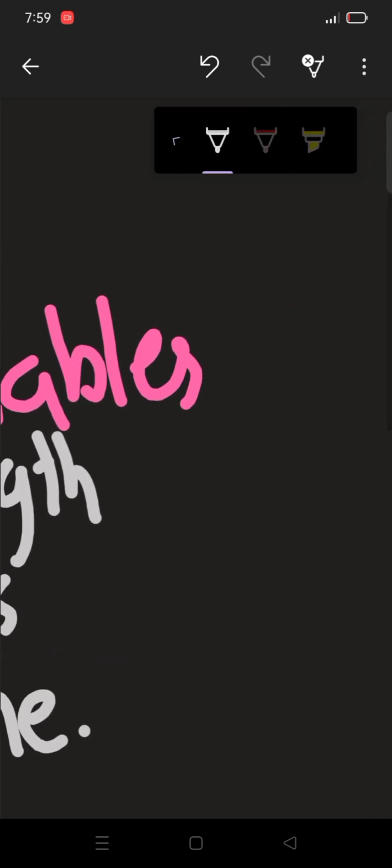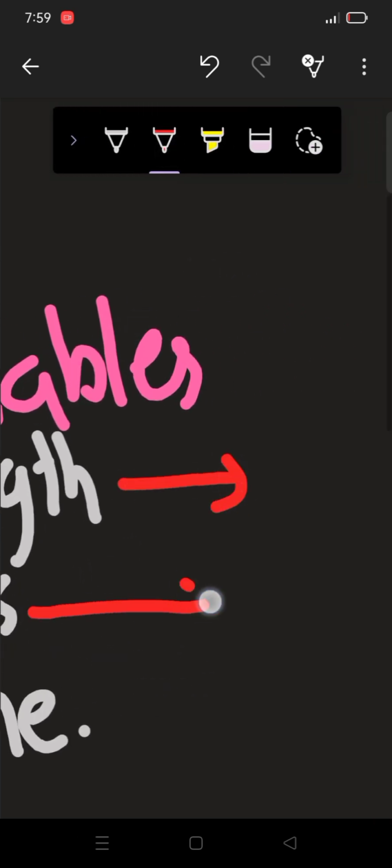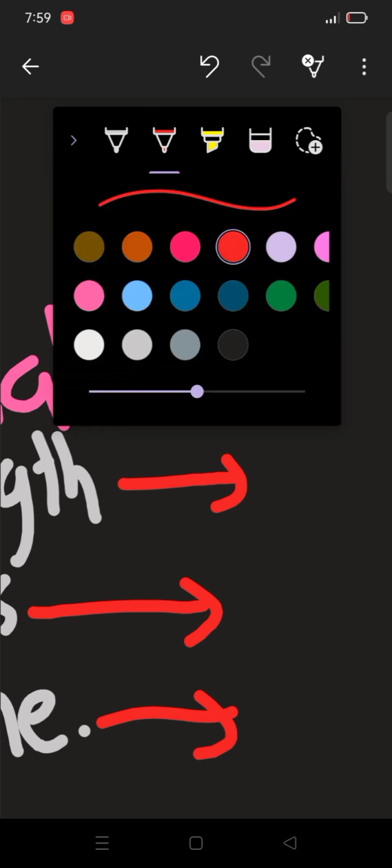We know that the unit of length is meter. Wait, let me write that too. The unit of mass is kilogram and the unit of time is second.